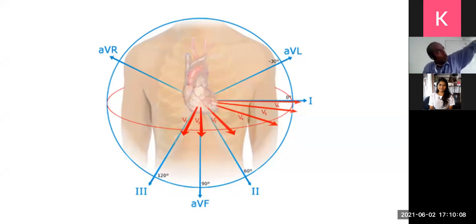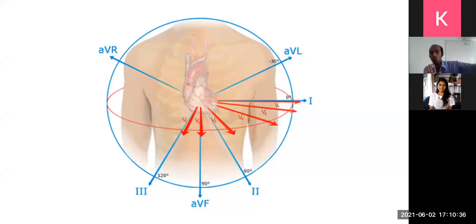Say you look at the heart through the window and you can see current coming to this window or away from this window. So you are the observer looking through the window, right? Current can come towards you or current can come away from you. By standard definitions, current coming towards a window, towards that lead, creates a positive deflection on an ECG.